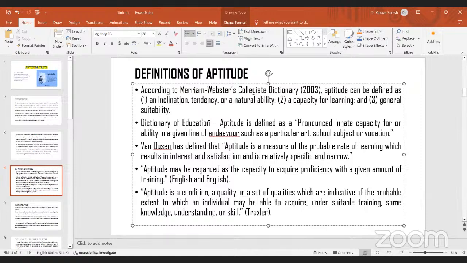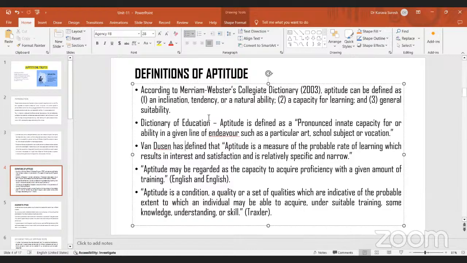Bingham has a different definition: aptitude is a measure of the probable rate of learning, which results in interest and satisfaction and is relatively specific and narrow in depth.